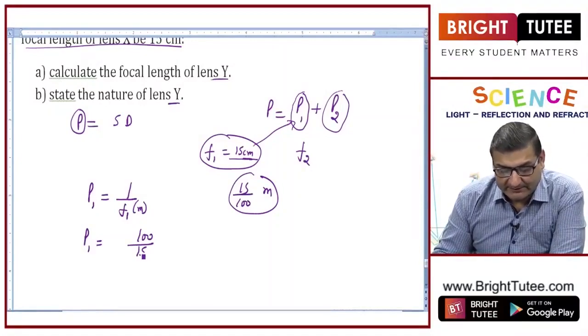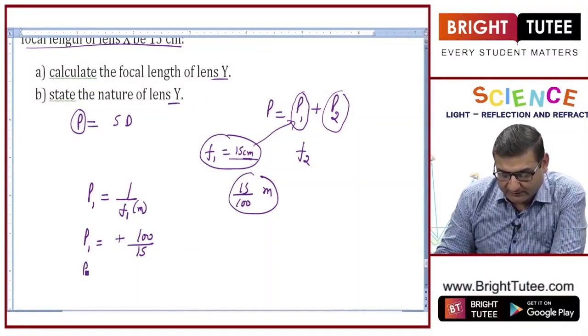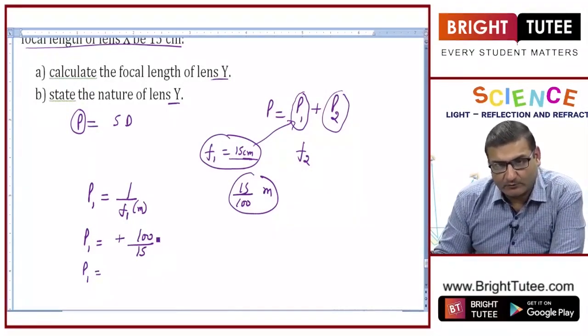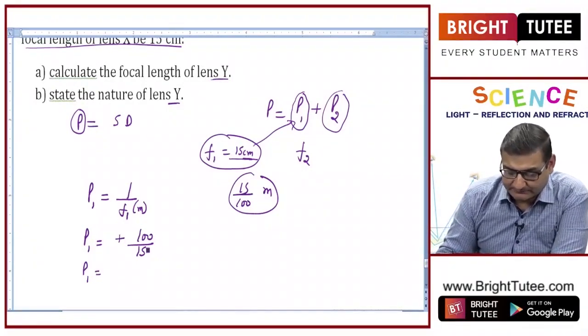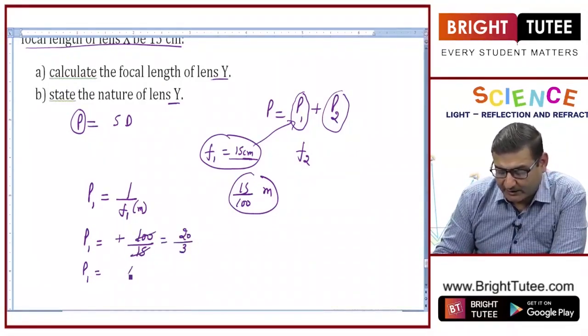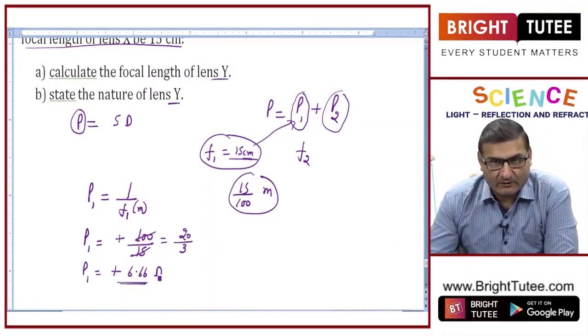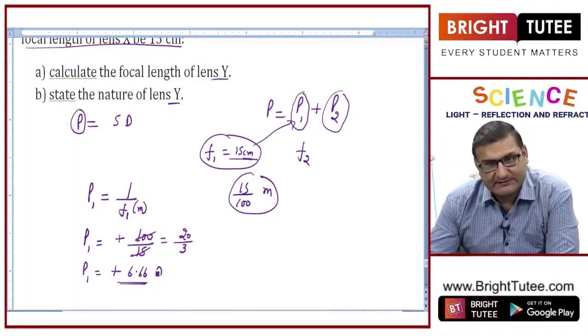Right? Fine. This is given to be positive. So, the power of this will come out to be, we'll just simply calculate, 20 upon 3 or 6.66 diopters in positive. Got it? This is the power of the first lens.